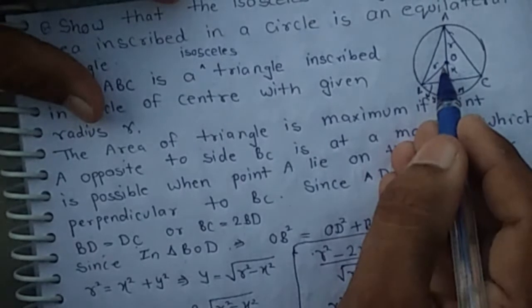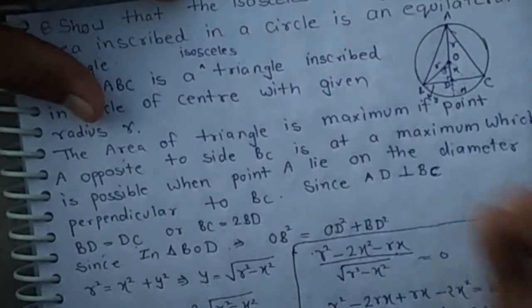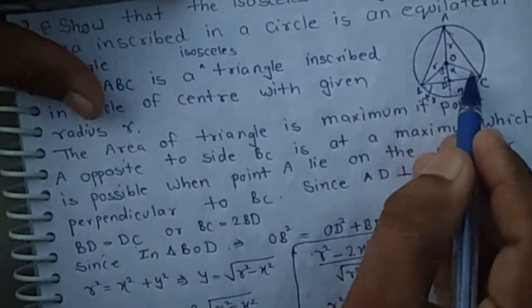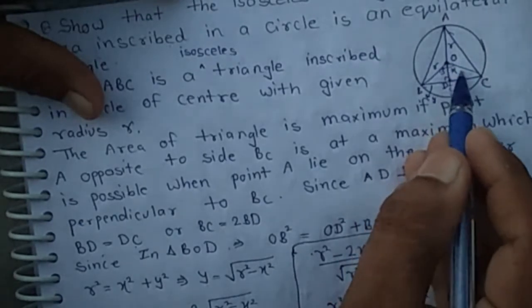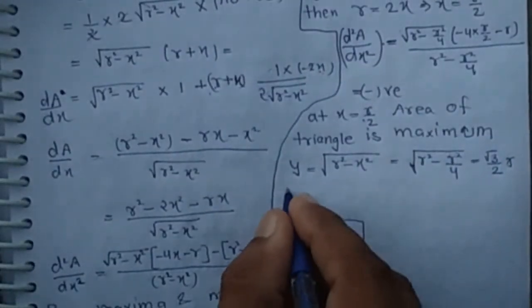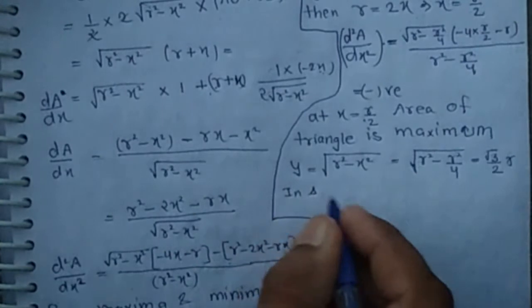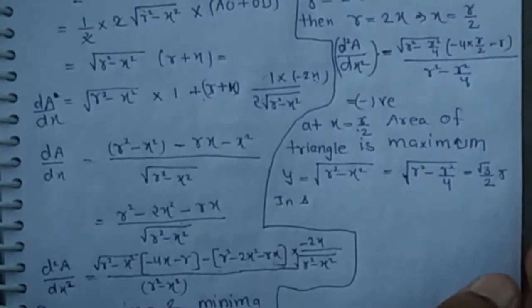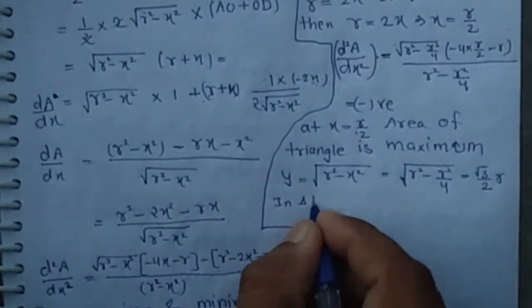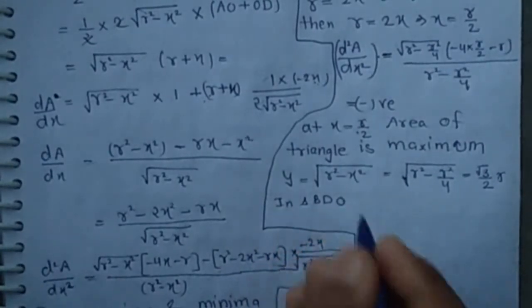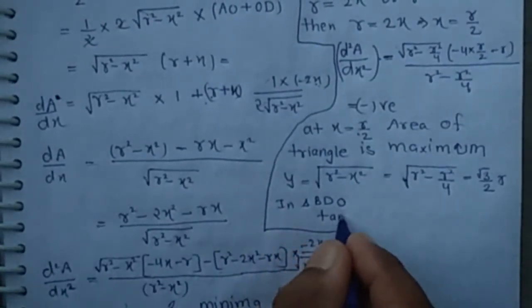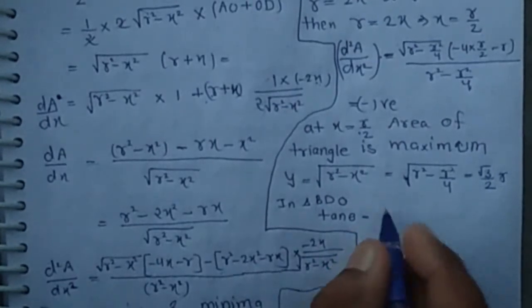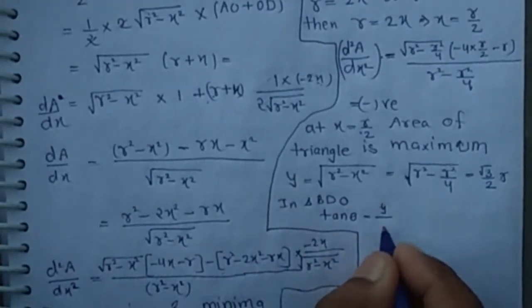Let this angle be theta, and if you join this line, it is also theta. Then if we apply tan theta in triangle BDO, tan theta is equal to perpendicular, means y upon base.